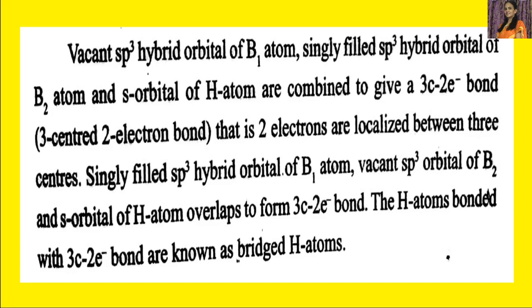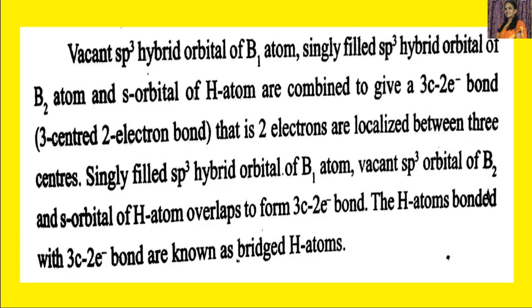Two electrons are localized between the three centers, that is, three atoms. And the singly filled sp3 hybrid orbital of the B1 atom, the vacant sp3 orbital of the B2 atom, and the s orbital of a hydrogen atom overlap to form another three-centered two-electron bond.